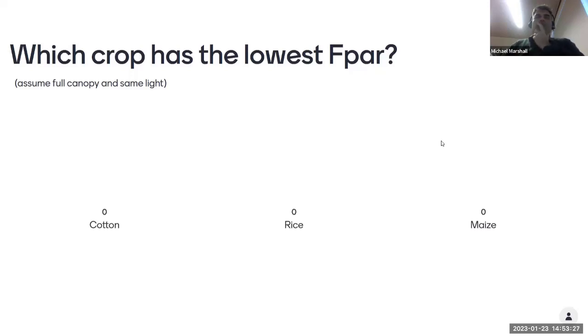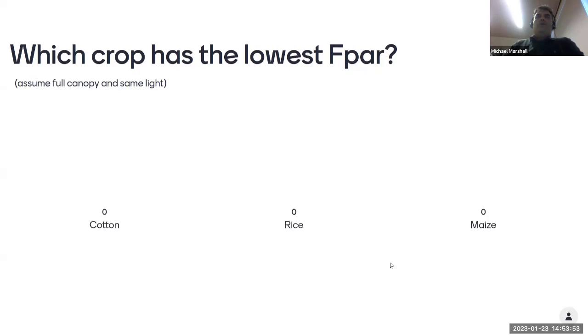Okay, a few of you have written already, a couple of you, cotton, some say rice, a lot of rice. Can anybody tell me why they wrote cotton? Or you can also say, if you want.